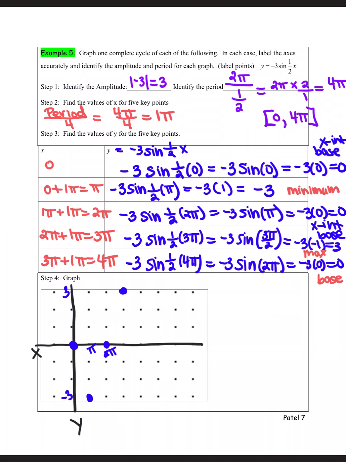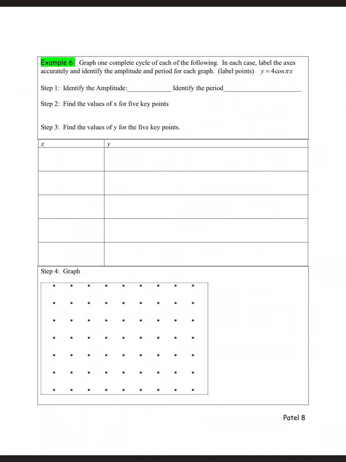And then I have 4 pi, 0. Now, if you're wondering why my graphs are looking almost the same, it is because I'm making each little increment based on what I need. So in this case, every increment or space is 1 pi. So you need to make sure that when you're reading on my math lab, the labeling is correct.